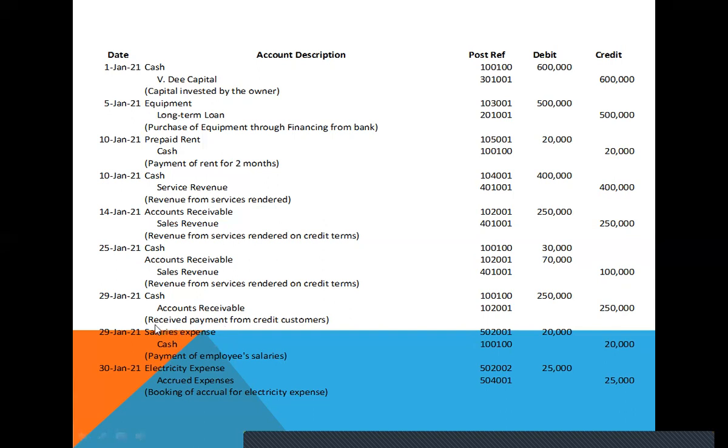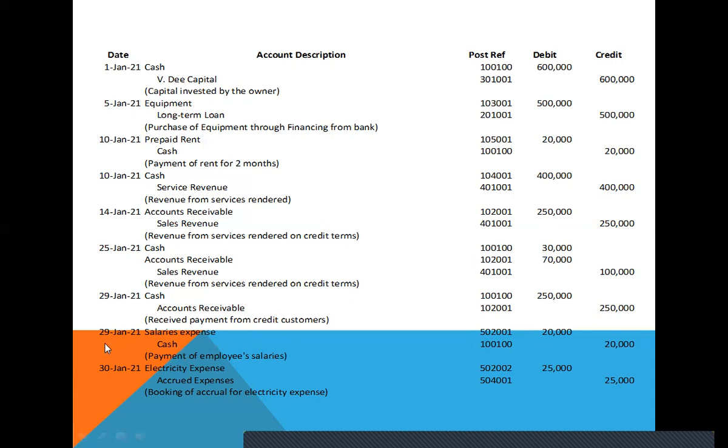Okay, on January 29, you receive payment from credit customers. That means that the customer from January 14 already paid. So you receive cash. Now you debit cash of 250,000 and you credit accounts receivable of 250,000. So your accounts receivable on January 14 was a debit, and you credit on January 29. So that is already closed.